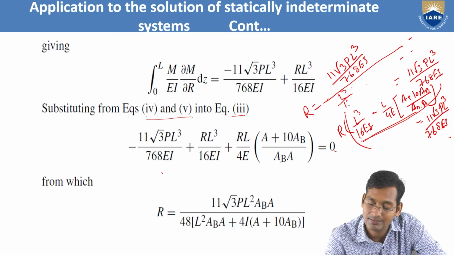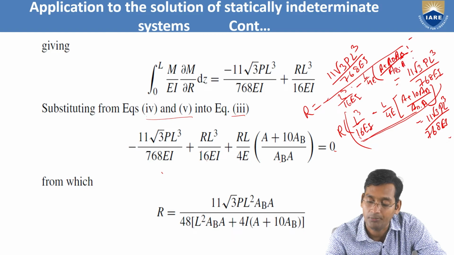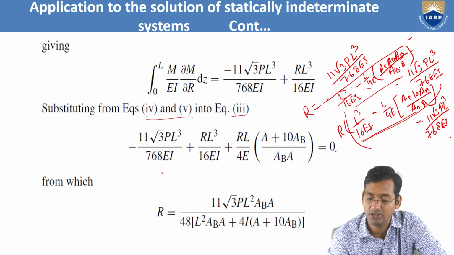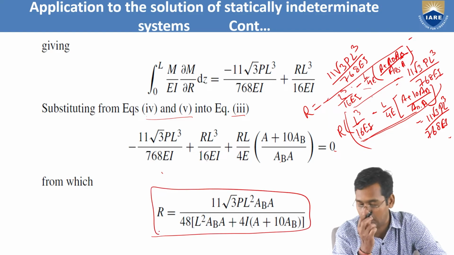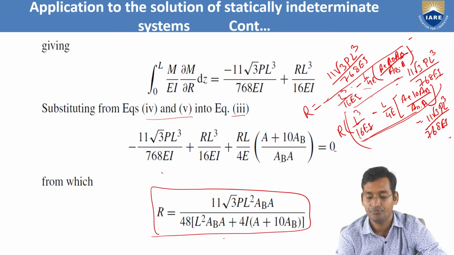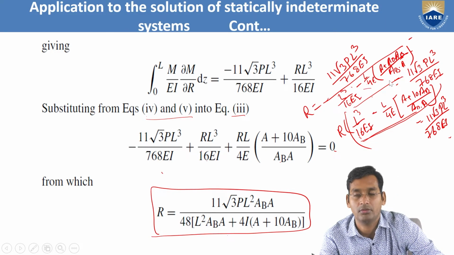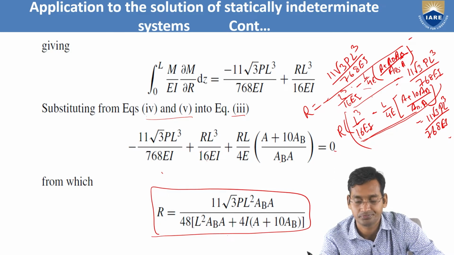LQ by 16 EI minus L by 4E into A plus 10 AB divided by AB into A. Now take the LCM and simplify. After simplifying, you will get the value of R. From here you will get this one. So after this, only the LCM simplification is required.